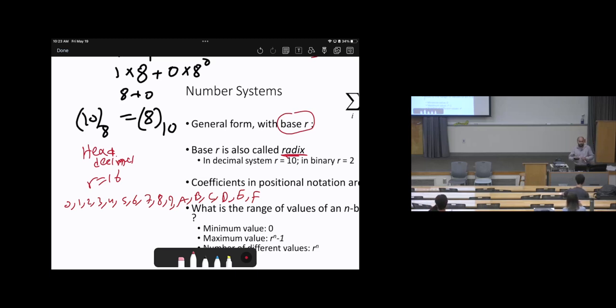Since we are running out of digits, we use letters. The letters have a definition in numbers, so again the location is very important to determine the value, depending on the position.